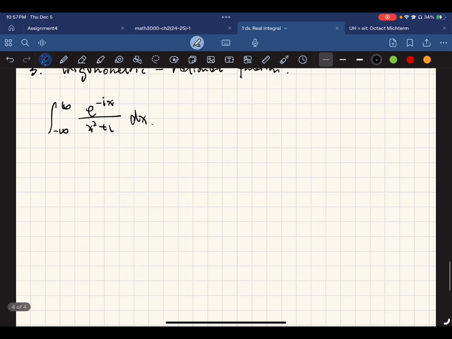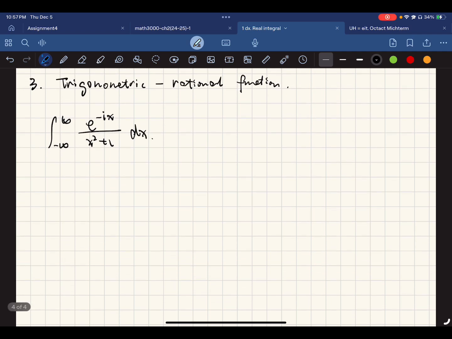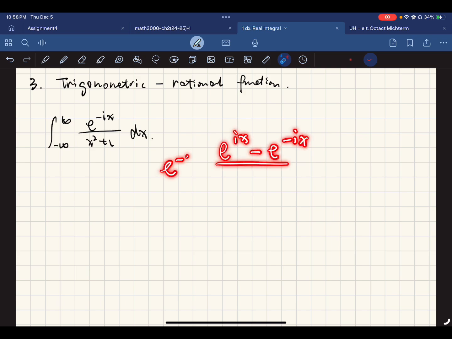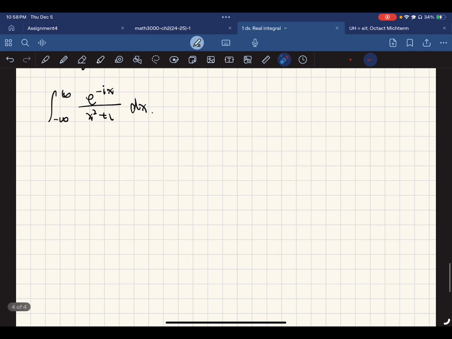Now maybe you will be quite confused that there's no trigonometric function, but as we can see in the numerator we have this term, and we know that all the trigonometric functions we can convert into sine and cosine. Sine can be written as e to the power ix minus e to the power negative ix over 2i, and cosine x we can write as e to the power ix plus e to the power negative ix over 2.